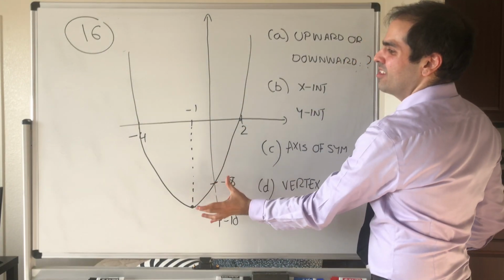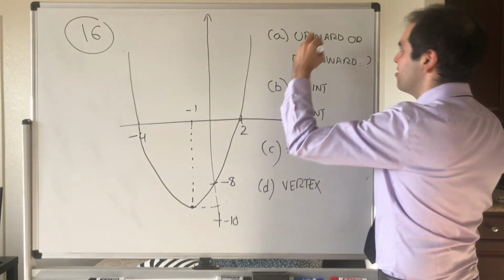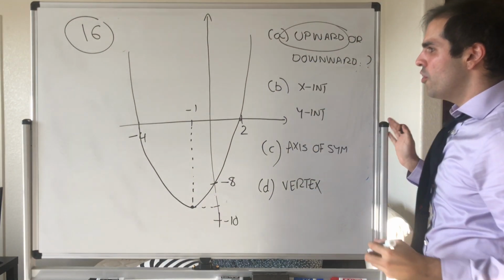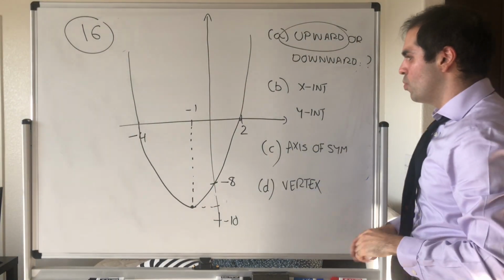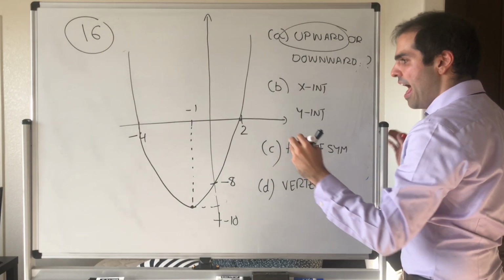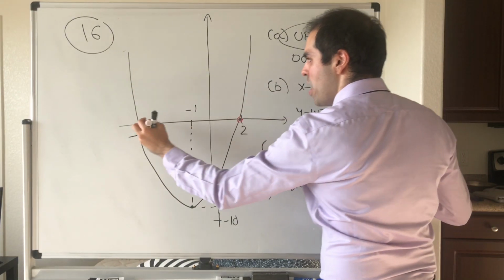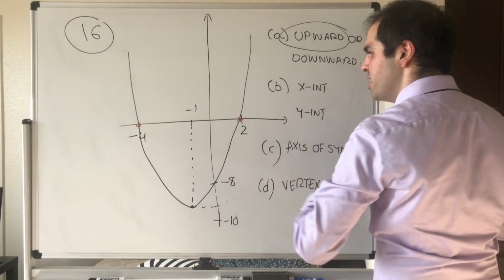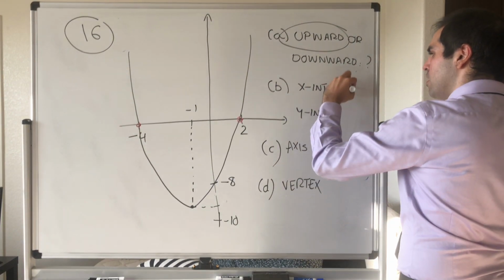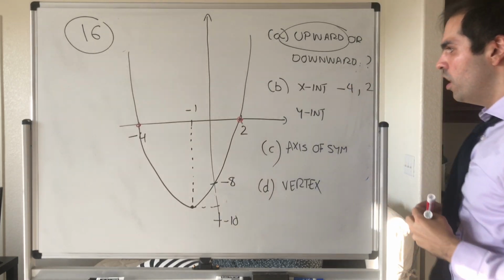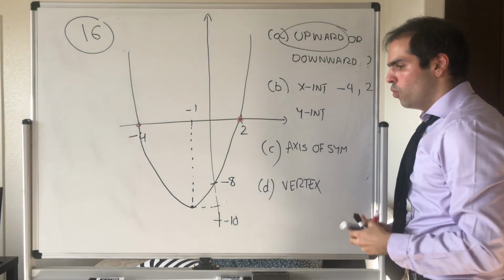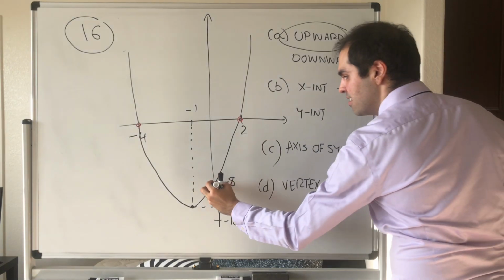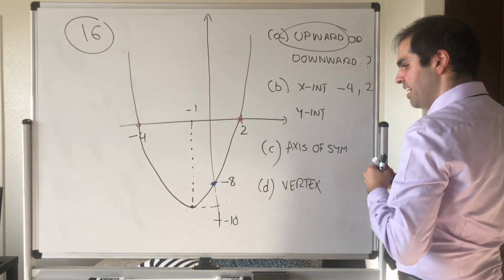So this is going upwards. And then the question is, what are the x-intercepts? X-intercepts just means wherever it crosses the x-axis. So here I believe at -4 and 2. What about the y-intercept? Where does it cross the y-axis? Here at -8.